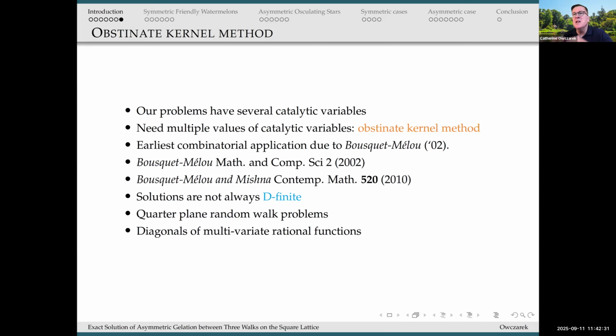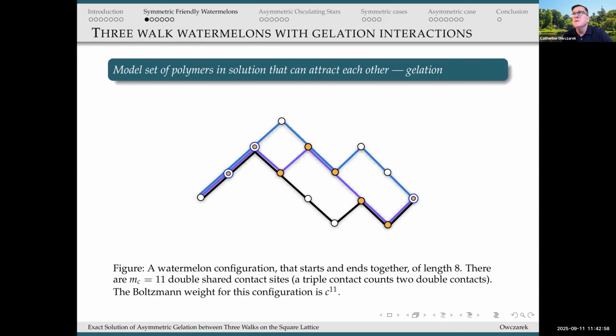There's a connection here, and a connection to some work in probability theory, which has been ongoing for many years, and also provides some different types of exact solution to so-called quarter-plane and other segments of the plane random walk problems in 2 and 3 dimensions. They're a live body of work and connected to this obstinate kernel method.